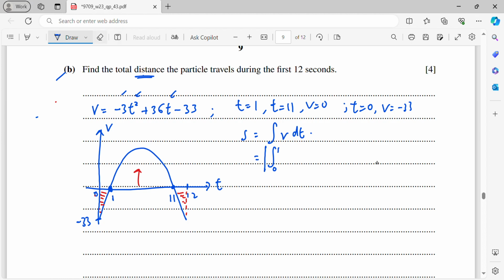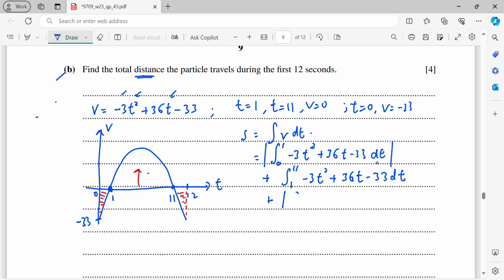So here is going to be negative 3t squared plus 36t minus 33 dt. Okay, plus integration from 1 to 11, which is the middle part, just normal integration. Okay, then plus modulus of integration from 11 to 12, negative 3t squared plus 36t minus 33 dt.